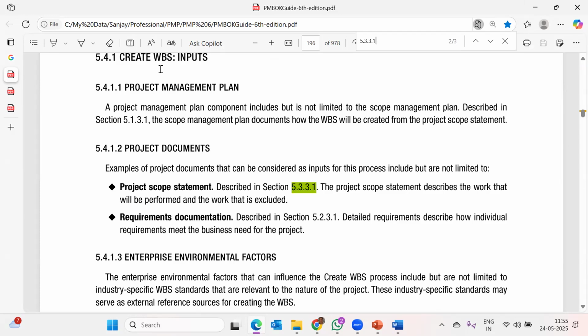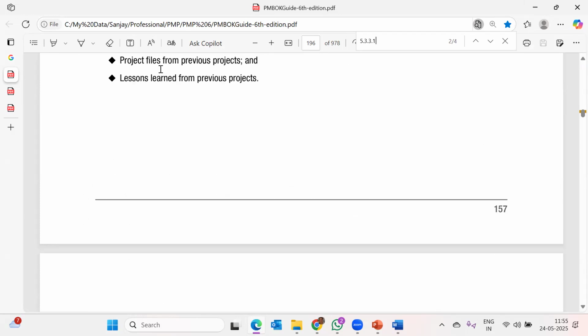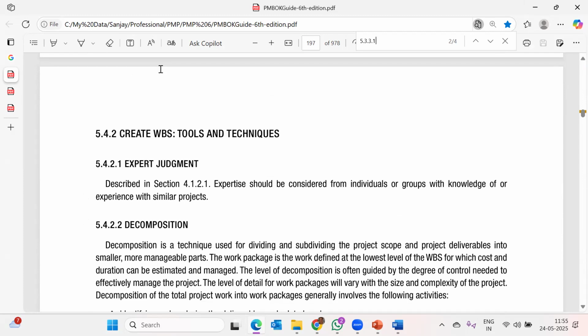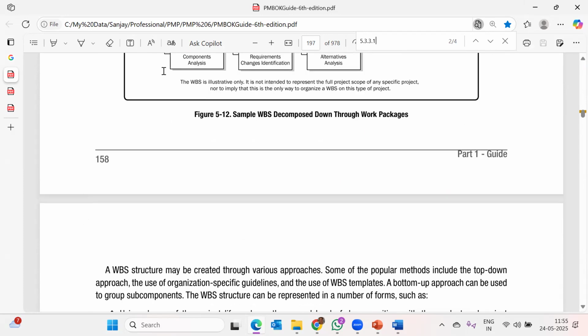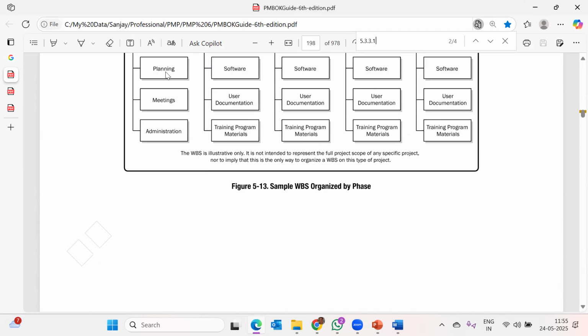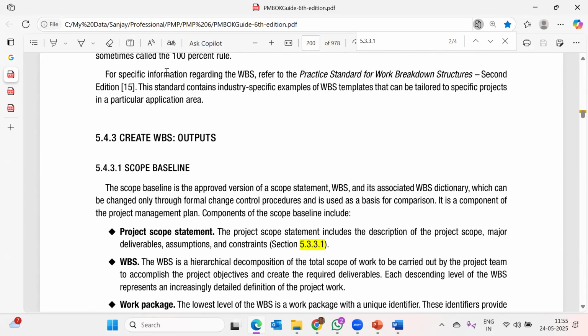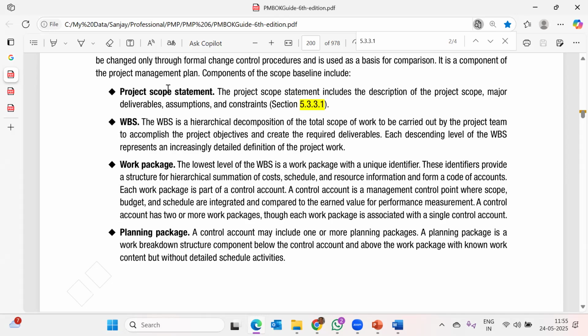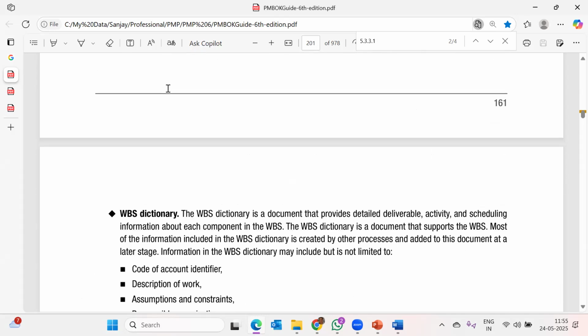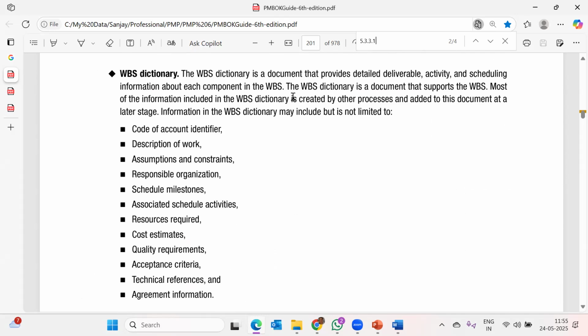Yes, Create WBS outputs. Expert judgment, decomposition, these are tools and techniques. Then scope baseline, work package, WBS dictionary. See this power.